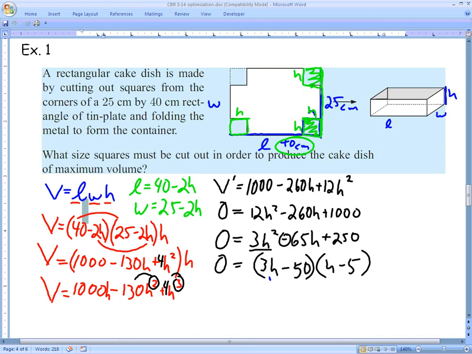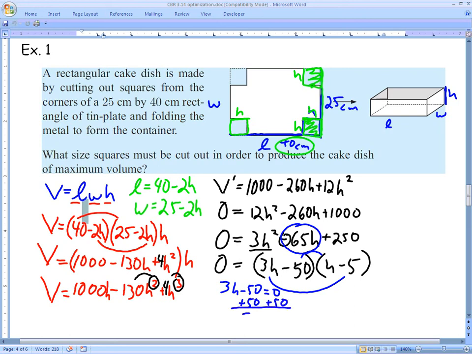So when we do FOIL, again, we would be doing 3 times the negative 5, which is negative 15 H's, and here I would have negative 50 H's, which add up to become the negative 65 H's. So I have done my factoring. I set each of those factors equal to 0. And so I have 3H minus 50 equals 0. Add 50 to both sides.